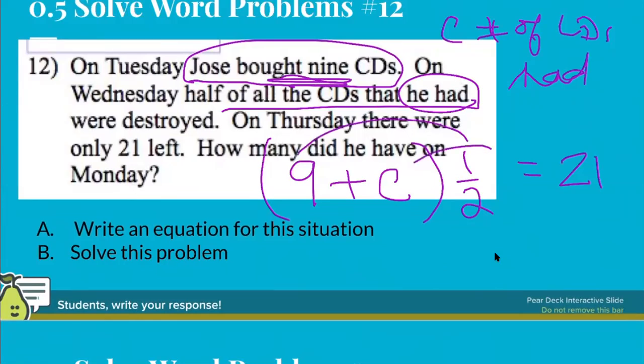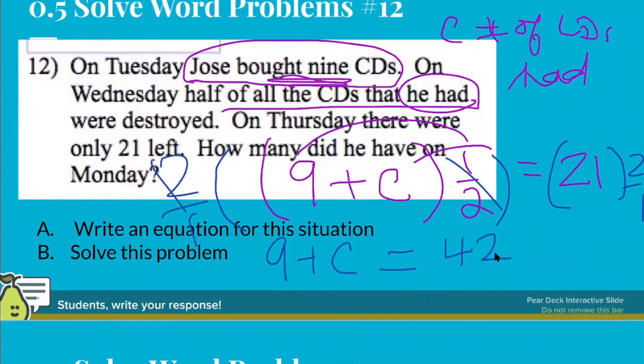You can multiply it in, so 9 over 2 plus 1/2 C. We can solve it that way, or if you don't like to deal with fractions, which I normally don't like to deal with, when I see a fraction, I want to get rid of the fraction by multiplying the whole thing by 2 over 1. So that way I can cancel out my fraction, 42.